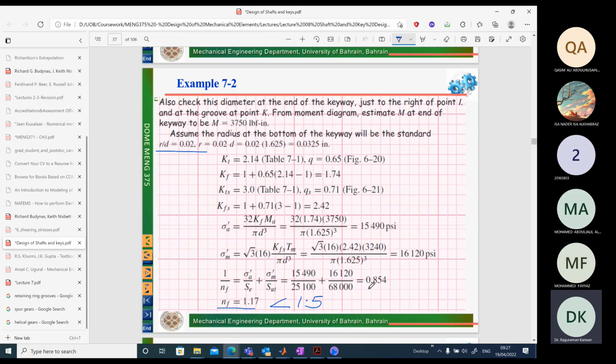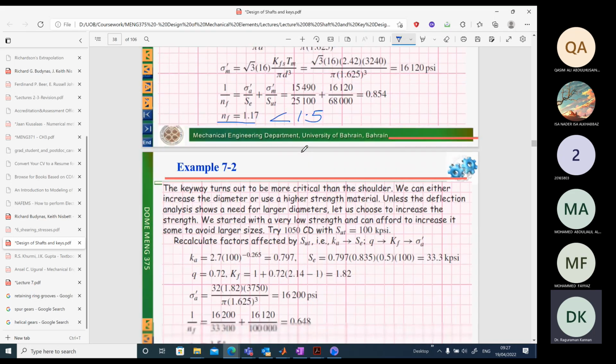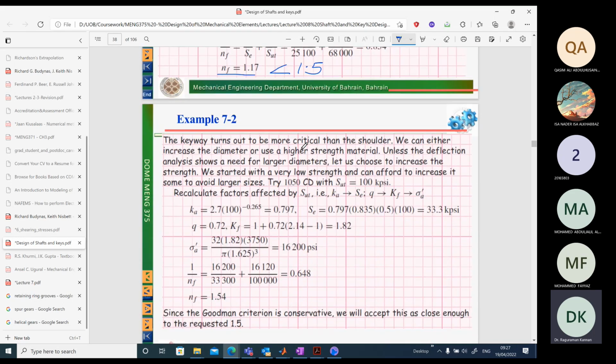So how do we fix this problem? Either we have to change the dimension or we have to change the material. We have to do something. Since we have made the calculations with a particular size, to redo all the calculations before will be a little bit tougher. So let's try by changing the material.